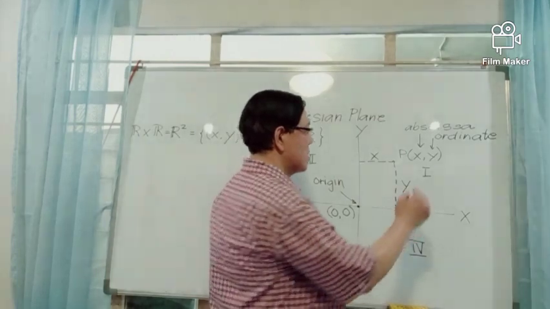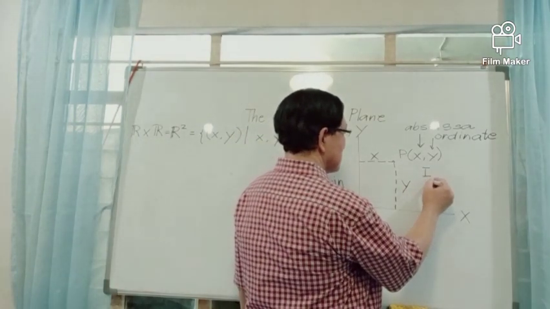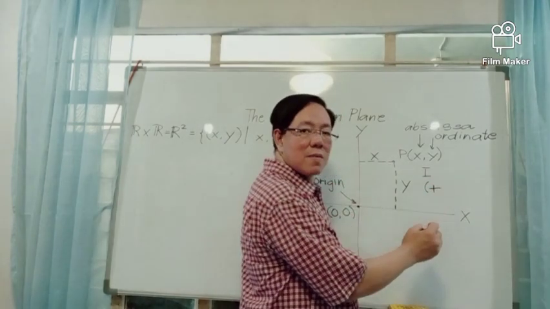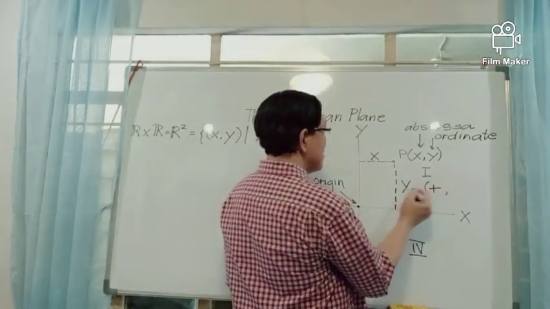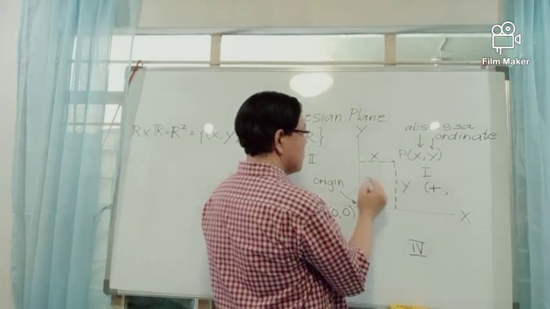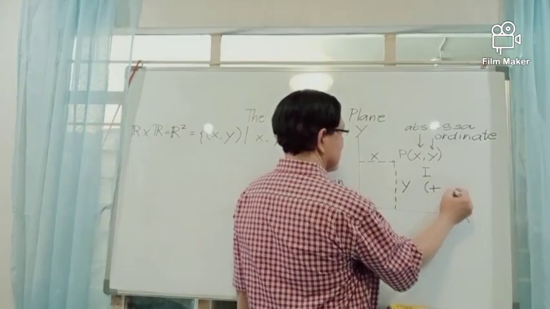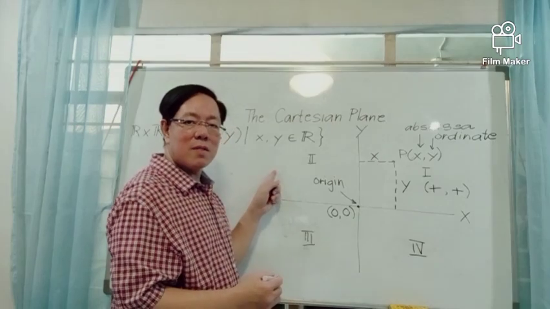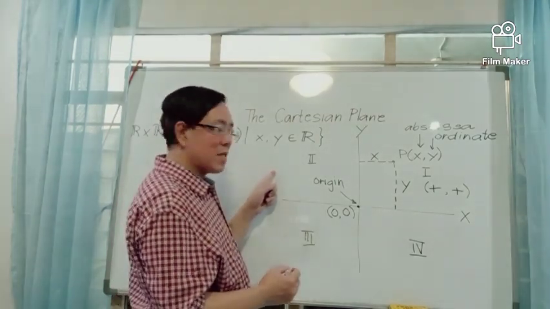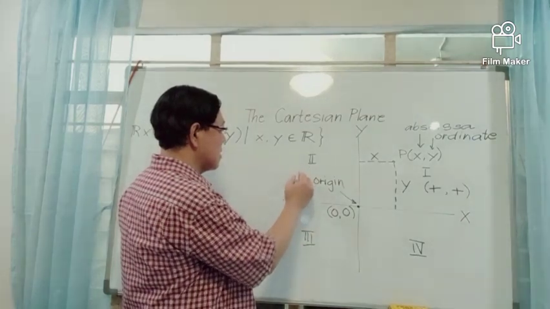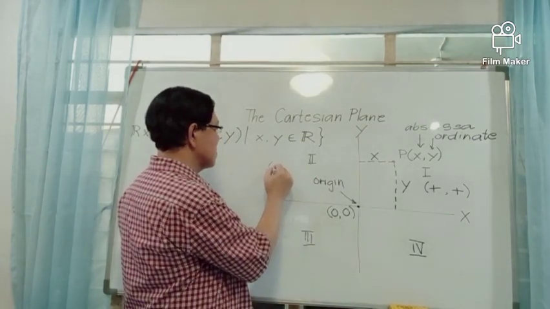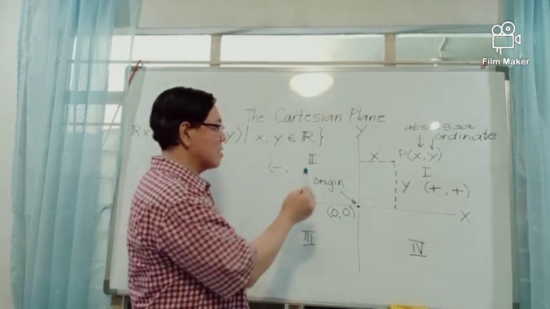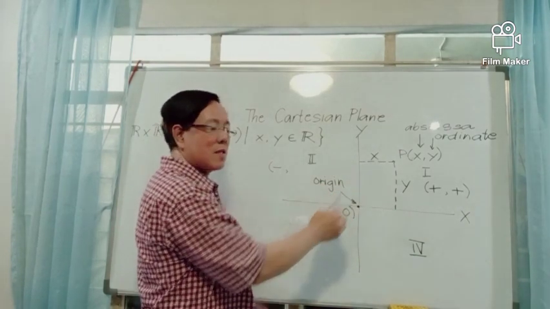Again, in the first quadrant, the abscissa of a point in the first quadrant is positive, and the ordinate of the point in the first quadrant is positive. In the second quadrant, a point in the second quadrant has negative abscissa, while the ordinate of a point in the second quadrant is positive.